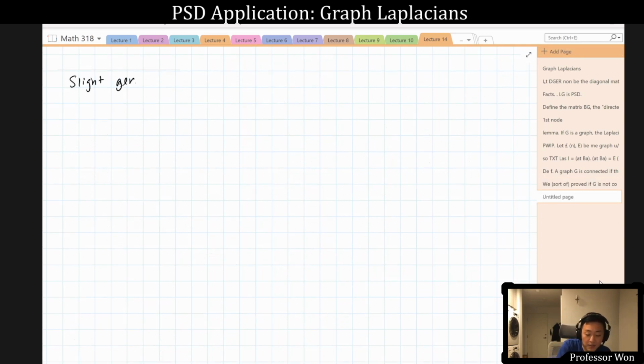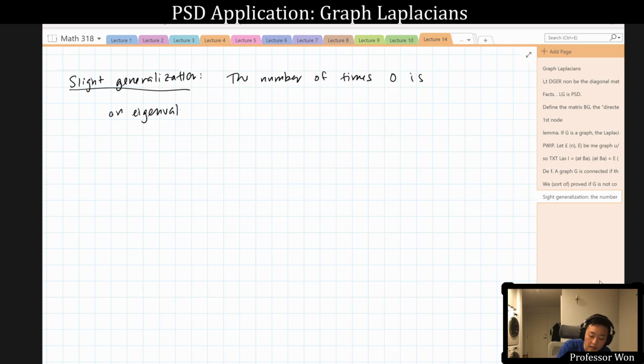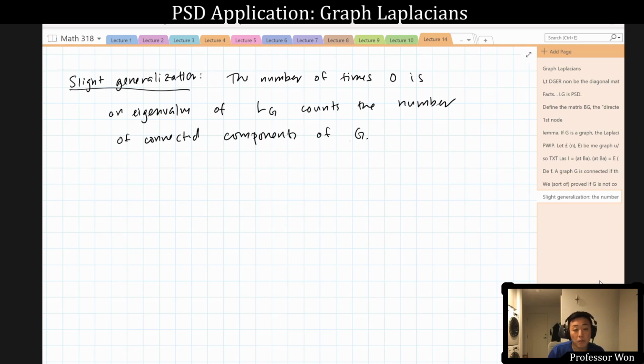It really follows from what we did, but you need to maybe permute the labelings, so it's a little annoying, but the number of times that 0 is an eigenvalue of LG counts the number of connected components of G, which is a very interesting thing to know, right?